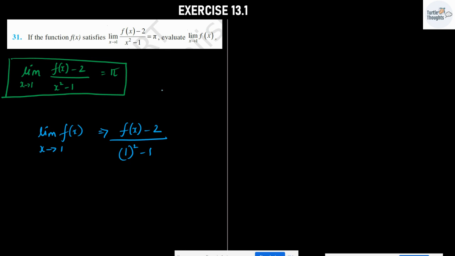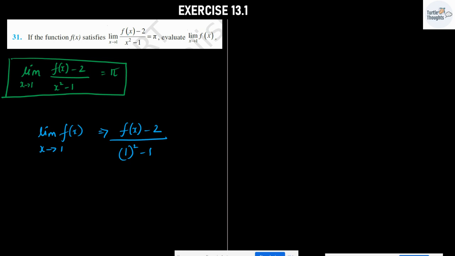Factorization? But how will I cancel over here? I cannot cancel, right? No, I cannot cancel. So what do you think I can do over here?